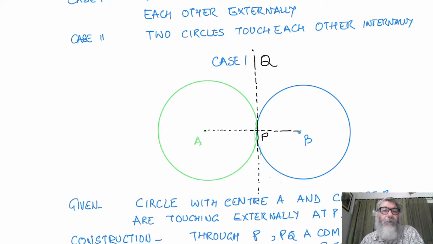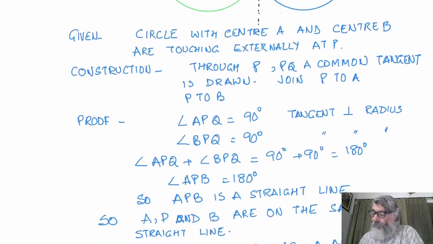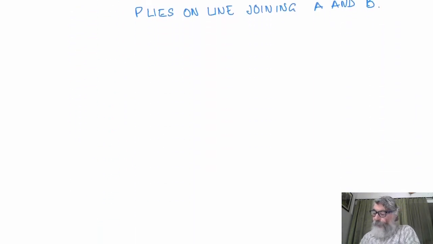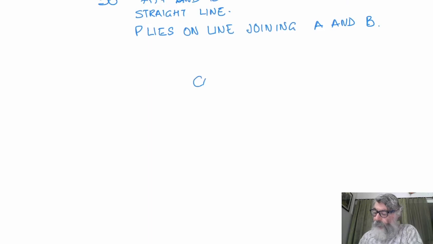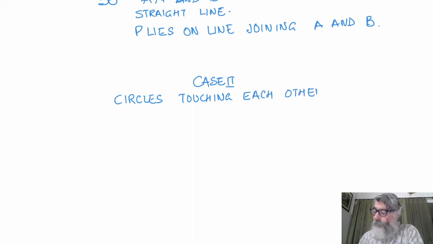Case 2 is two circles touching each other internally. Now let's see case 2. Circles touching each other internally.